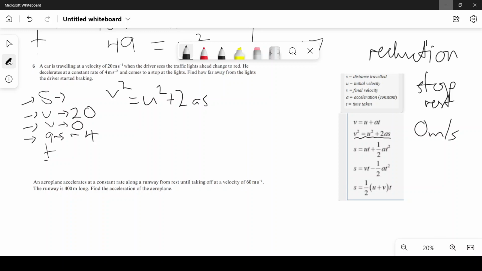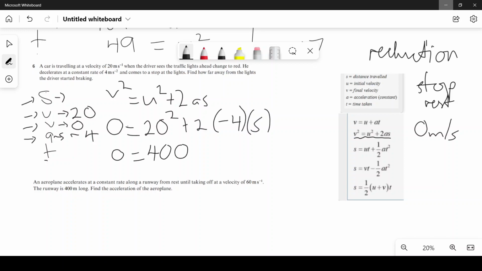Let's substitute what we know. V squared is 0, u squared is 20 squared, plus 2. The acceleration is -4, and we've got s. Okay, so what can we do here? We can say 0 is equal to 20 squared, which is 400, plus 2 times -4, that's -8s. So 400 equals 8s, moving the -8s to the other side.